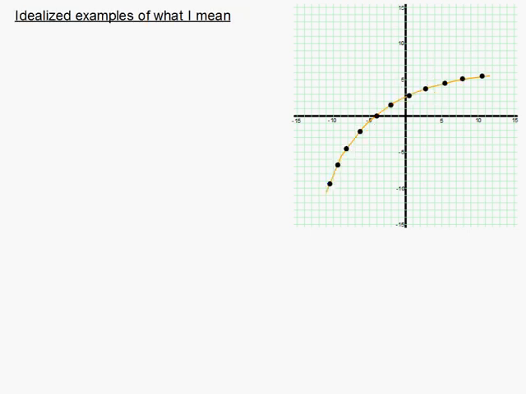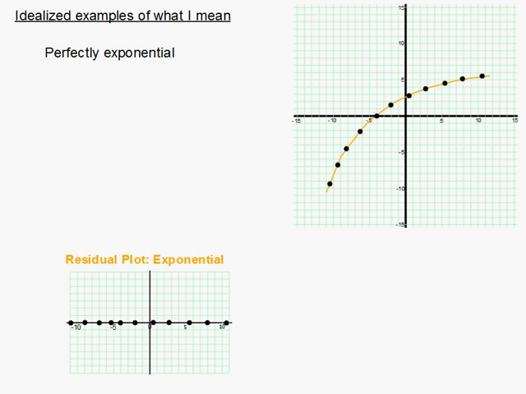So here's an example of a perfectly exponential regression and data. So what do you think the residual plot's going to look like? Well, there's no difference between the data and the prediction, so all of my residuals are 0. Of course, this never happens. The real world is a lot messier than that.